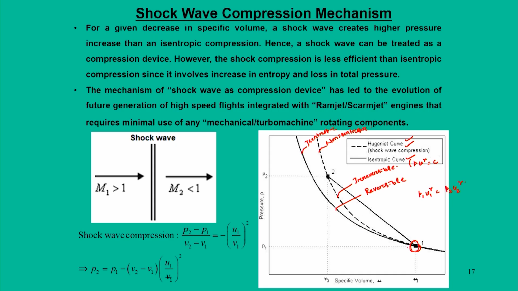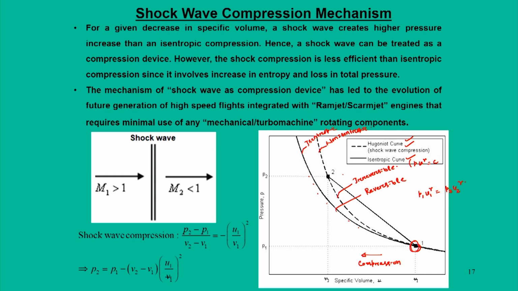So, the compression process proceeds towards the left hand side. On this curve we have different values of pressure and specific volume in the downstream.